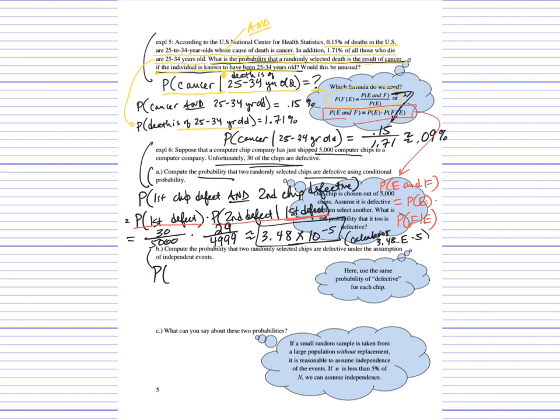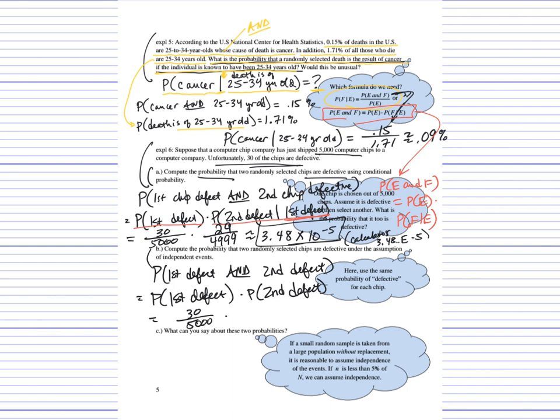B assumes they're independent, so we're just going to talk about the first being defective and the second being defective. Equals, if these are independent, then I can multiply those probabilities, can't I? Now again, we're not thinking about conditional probability, we're just thinking about what's the probability the first is defective? Well, there's 30 over 5,000, right?